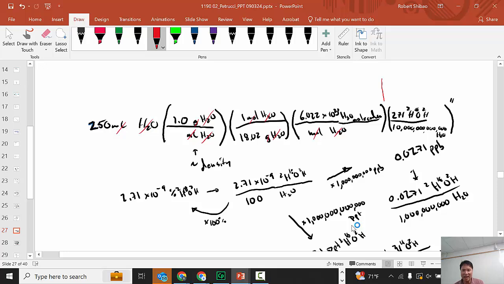And so this is going to be about 8.35 times 10 to the 24th molecules. And then we're going to do times 271 divided by 10 trillion.